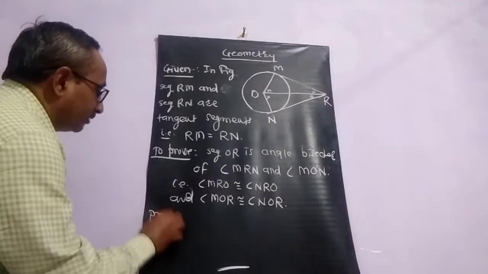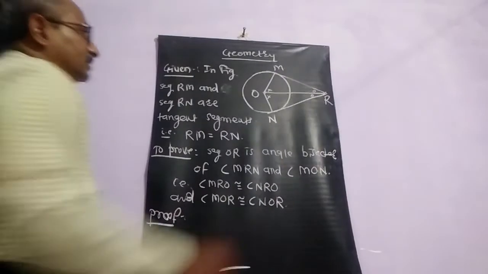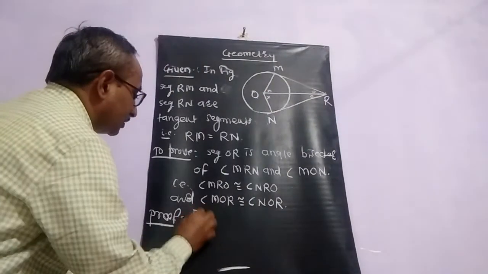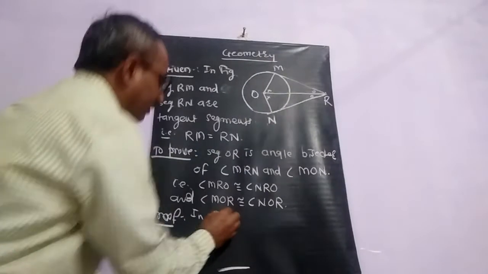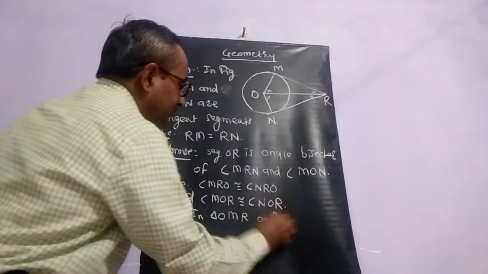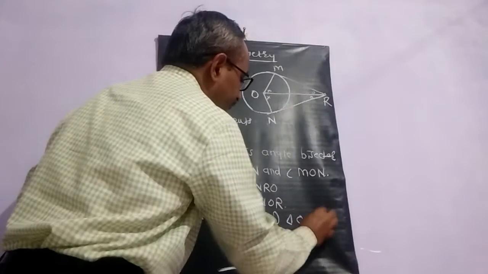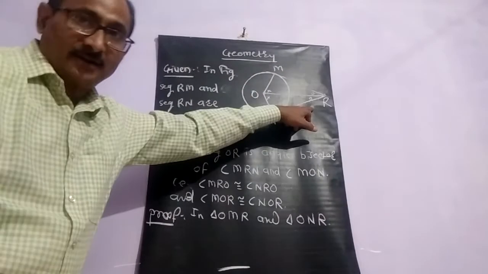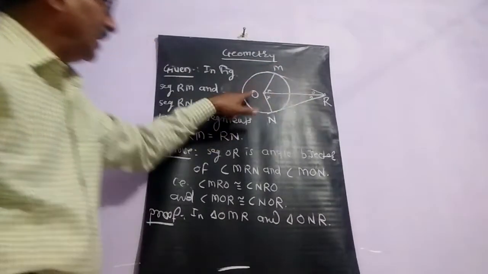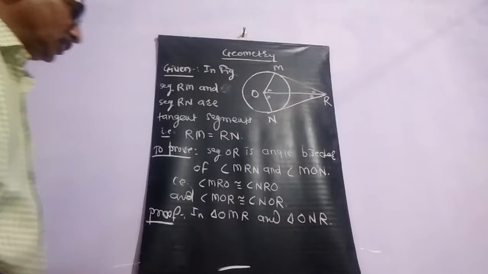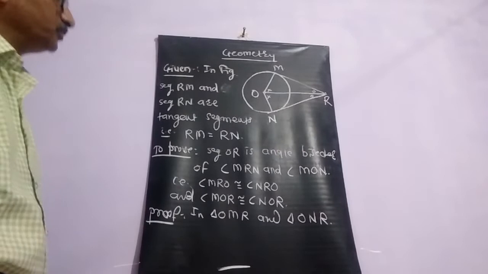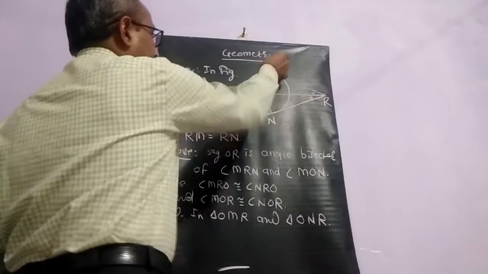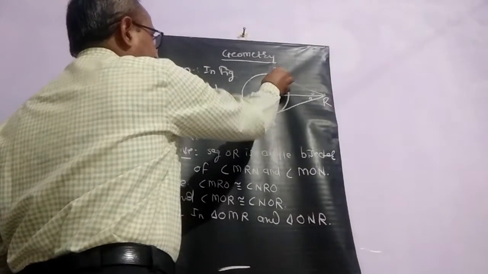So proof is very simple. If we consider the triangle OMR and ONR, OMR या दोन त्रिकोणांचा या ठिकाणी आपण विचार करणार आहोत. आता बघा, काल परवा आपण शिकलेलो आहोत की RM is tangent and OM is radius, so this angle is 90 degree.